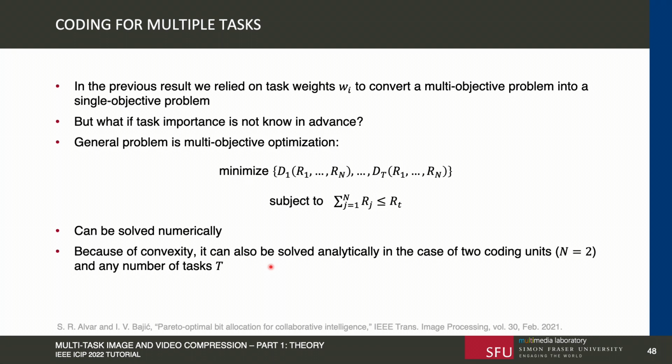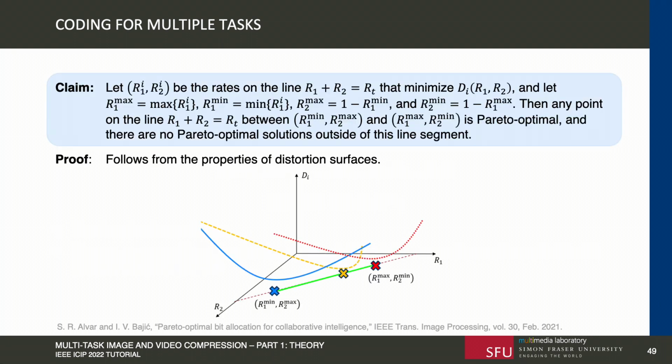But in our case, because of the particular rate distortion model, we can actually solve it analytically, at least in some cases. And in particular, an analytic solution to the problem can be given in the case when there are two coding units and any number of tasks. So we are focusing on the case of two coding units and any number of tasks.